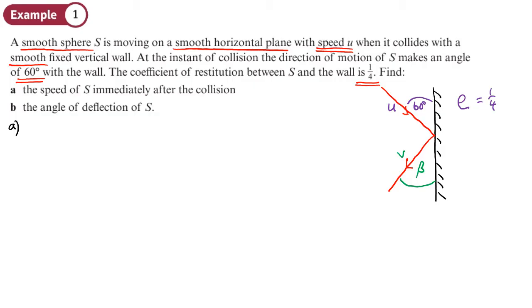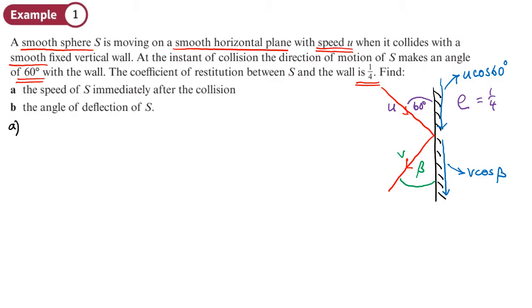So the first thing we're going to do is write down the components. These components here we know are equal. This velocity that's parallel to the wall or the fixed surface doesn't change. Now this one at the top here will be u cos 60, and this one here is going to be v cos beta.